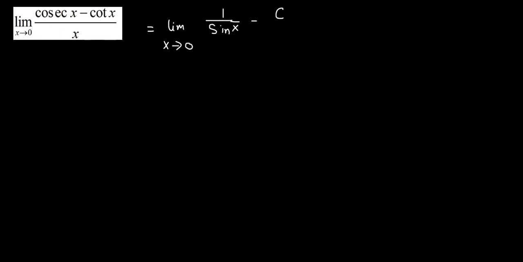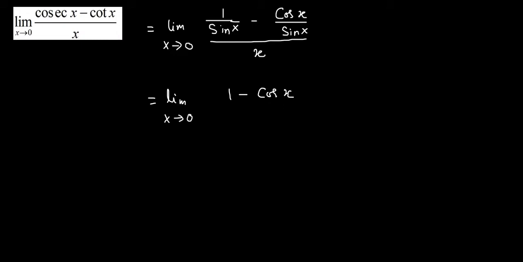Cot x is the ratio of cosine of x divided by sine x, all divided by x. So we take the LCM of the two terms in the numerator. That will give us 1 minus cosine of x whole divided by x times sine x.